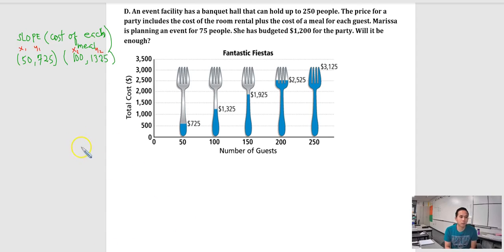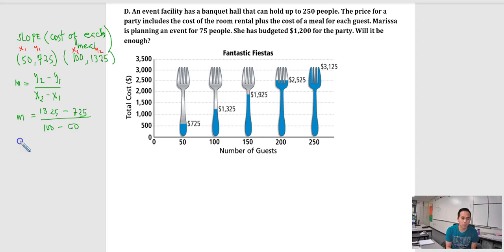Now I'm going to solve for the slope using m is equal to the change in y over the change in x. So just plug in the given items. We have y2, which is 1,325, minus y1, which is 725, and then we have 100 minus 50.